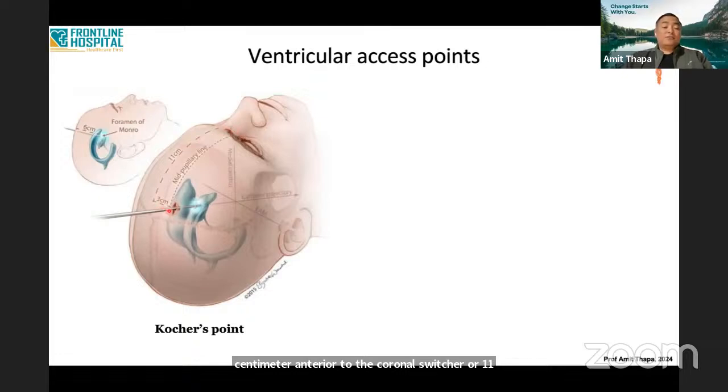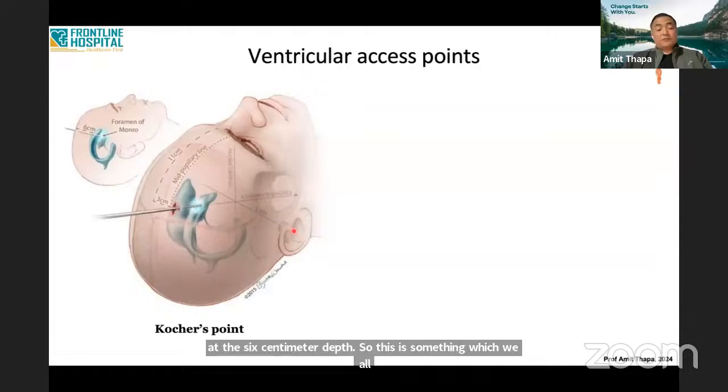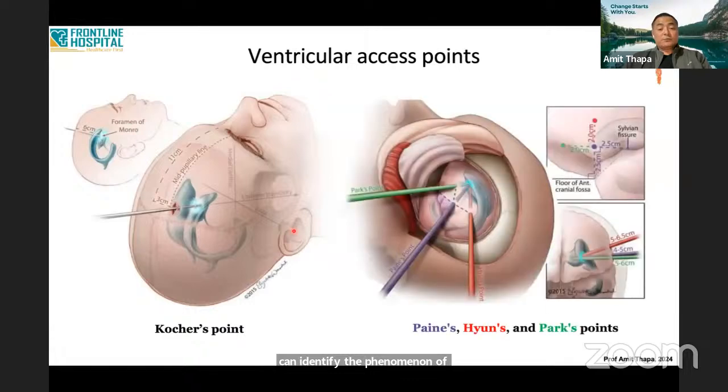The trajectory is towards the mid-pupillary line, pointing towards the external auditory meatus on both sides. When we use this trajectory, the frontal horn will be hit at 6 centimeter depth. This is something we can identify by the foramen of Monro while doing an EVD tap using Kocher's point.